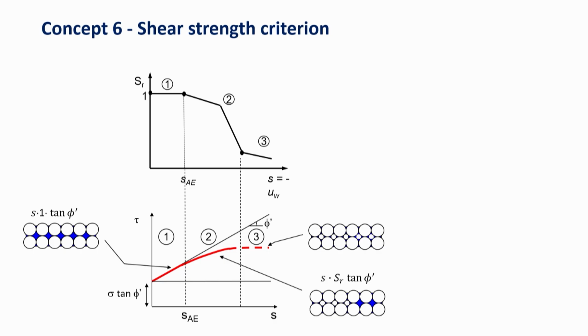Then you are entering the range where suction times the degree of saturation is controlling the process. So you have a decline until you are reaching a stage where the shear strength levels off, and this is where all the menisci are acting at the interparticle contact, and the intergranular stress, and therefore the shear strength, is not changing any longer with the increase of suction.